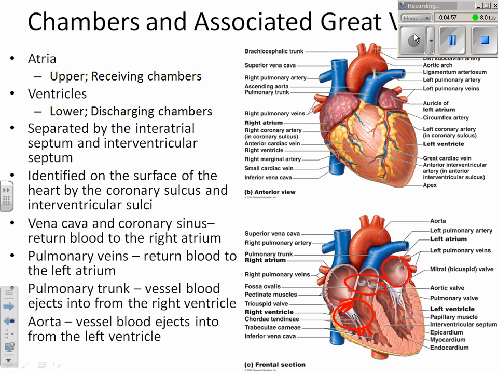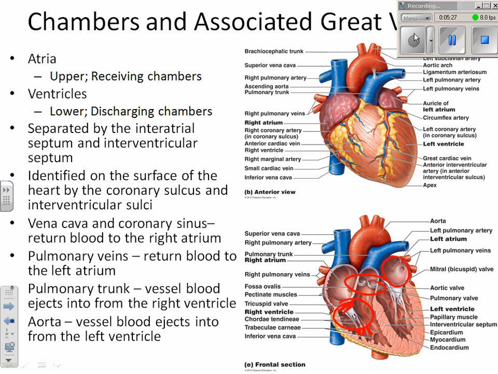And this can be very confusing to students. This is why I'm pointing this out, because most of the time they're colored red and blue, right? And we grow to make that connection that red means oxygenated and blue means deoxygenated. But that's not the case when we're dealing with the pulmonary artery and vein. So I make a big deal to point that out to you so that you don't get confused. So the pulmonary artery is, by definition, taking blood away from the heart. And where is it taking blood to?